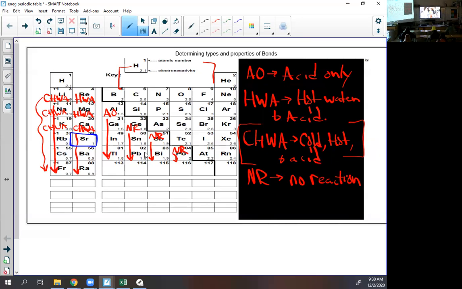But calcium, strontium, and barium and radium, which we wouldn't do, also react with cold, hot water and acid. Are you with me? Because this is a section on the test. It's extremely simple unless you are standing over there not filling out your periodic table.